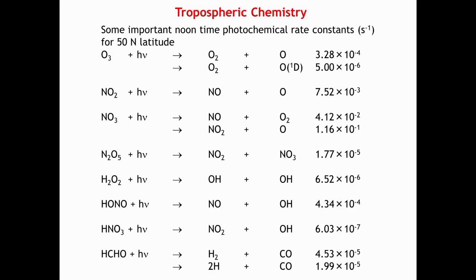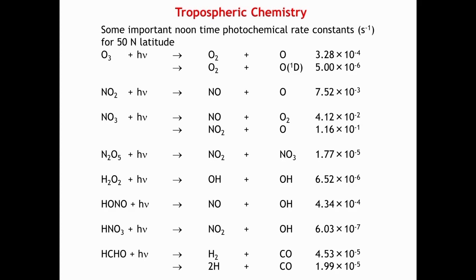So ozone is formed during the daytime and persists into the night time. OH is only formed in the daytime. It's got a very short lifetime, so it only exists in the daytime. NO3 is formed at night time, but it's got a very short lifetime with respect to photolysis, so it only exists at night time.